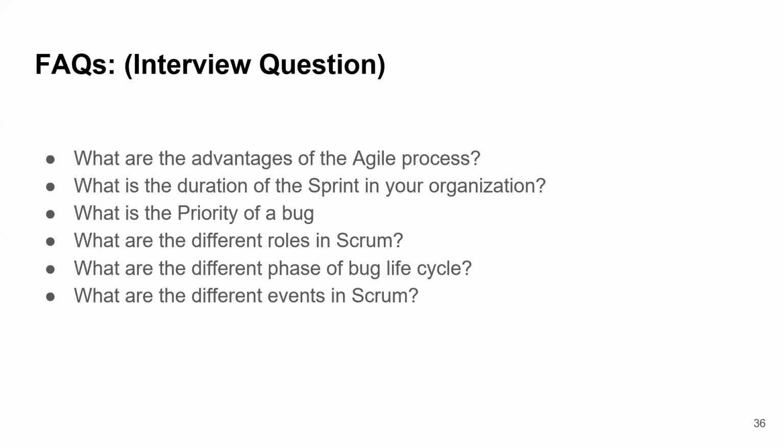So if the client gives 20 requirements, 20 features, they will deliver, say, two first, then in the next sprint they will deliver four, like that. So this is how exactly Agile works. Incremental approach.